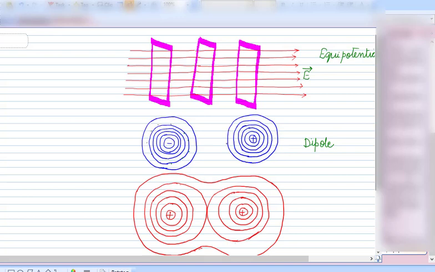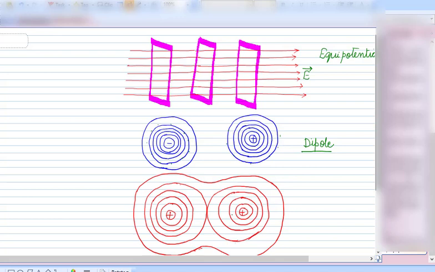So this series of concentric spheres shows the equipotential surfaces for a negative charge, and similarly for a positive charge we can draw a number of concentric spheres, and each sphere situated at a constant distance from the center of the positive charge is an equipotential surface. So this is how we can draw equipotential surfaces for a dipole.